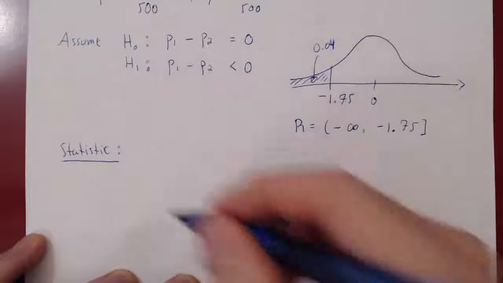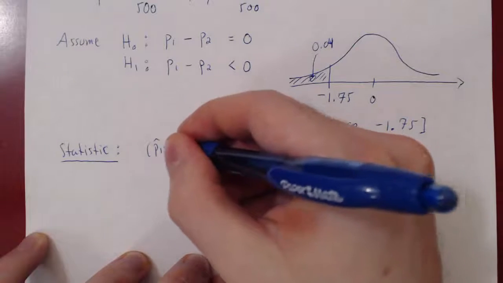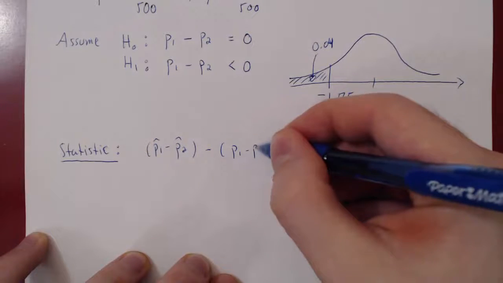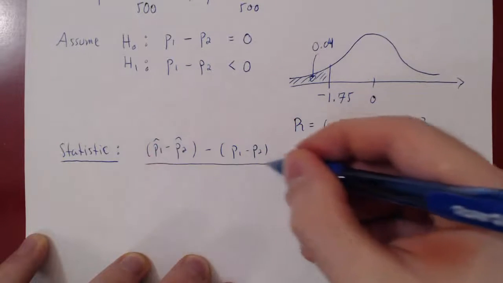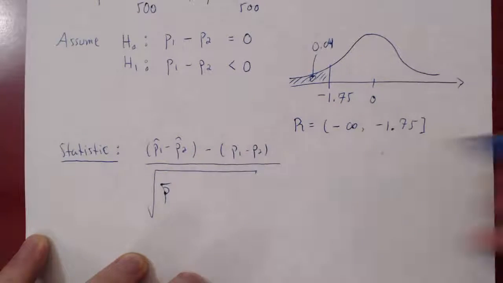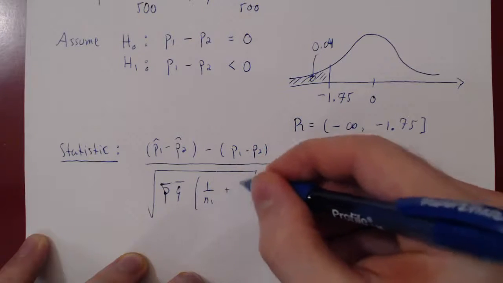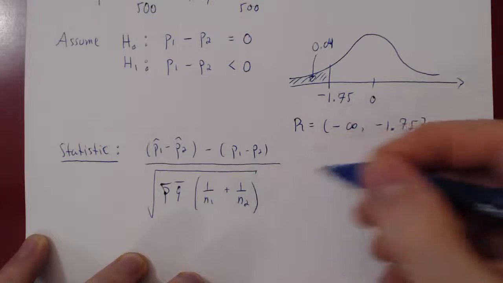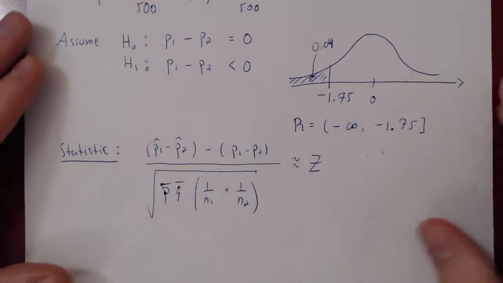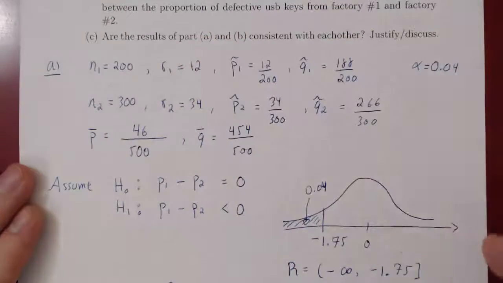If you remember, in the case of a test of hypothesis, it is (P1 hat minus P2 hat minus (P1 minus P2)) over the square root of P bar Q bar (1 over N1 plus 1 over N2). And this follows approximately the standard normal distribution. And if you look, both samples are well above 30, so everything is okay.